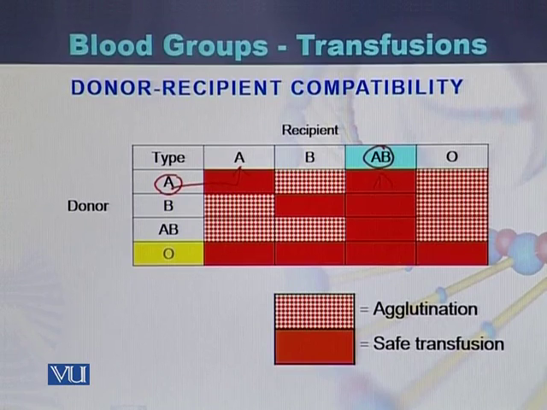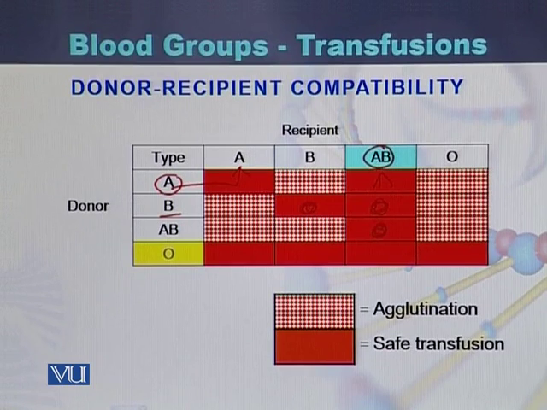This blood group cannot be donated to a person with blood group B or O. Blood group B can be donated to blood group B, as well as to a person who has blood group AB. AB can be donated only to an individual who has AB blood group.